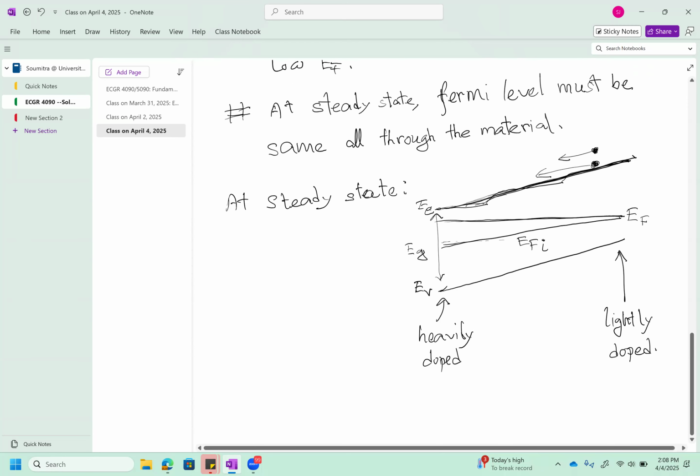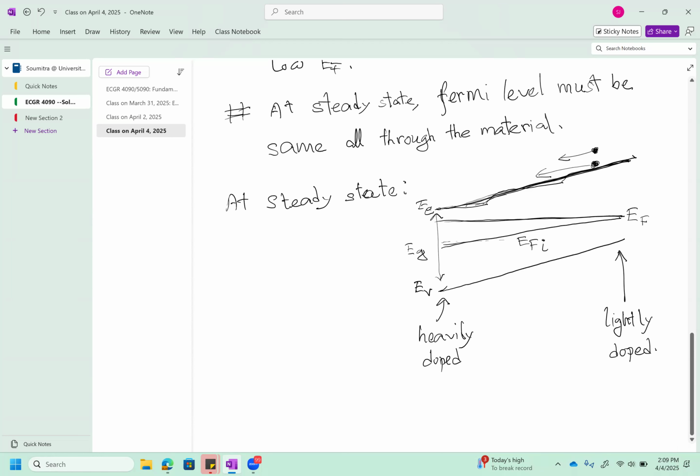So remember in the previous class we talked about diffusion, like if you create a heavy concentration of particles in one region and low concentration of particles in another region, then the particles will try to flow from heavy concentration to light concentration, okay? And it will keep flowing unless the concentration becomes equal, uniform all over the place. So let us see how diffusion actually helps us to achieve steady state.